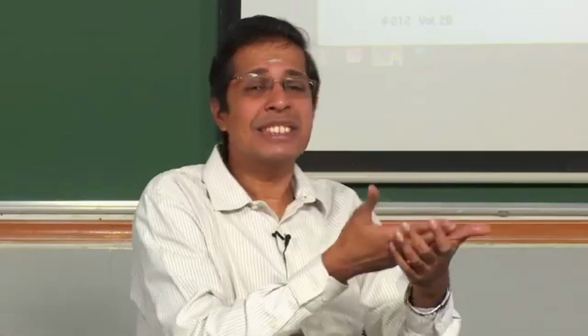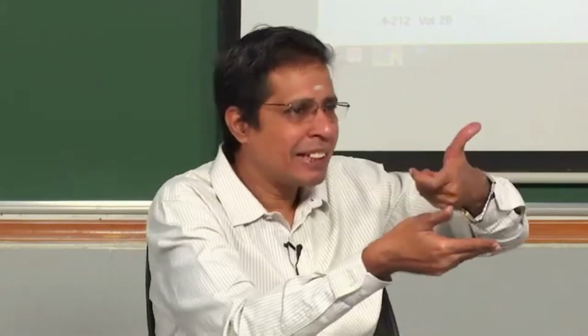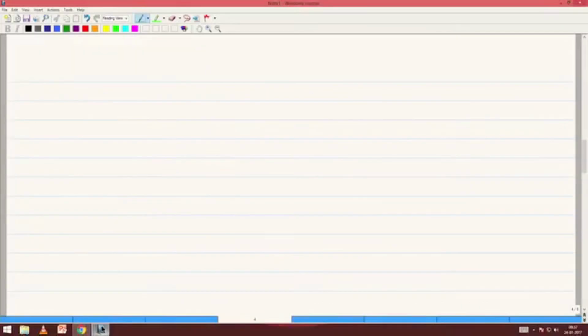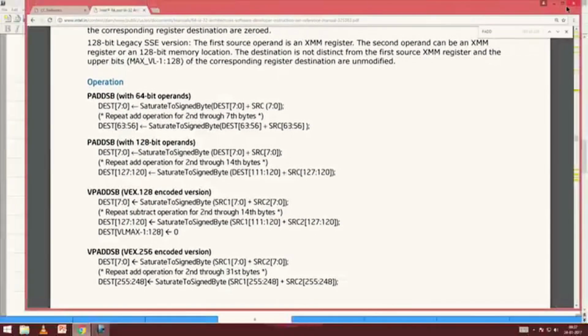I want to process 1,80,000 bytes: 1 byte there, another byte here. In this case I am fully masking this with that, but if I do half masking, I can see some of this and something of that.